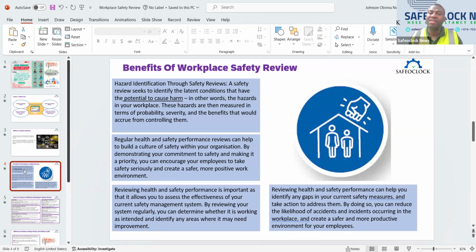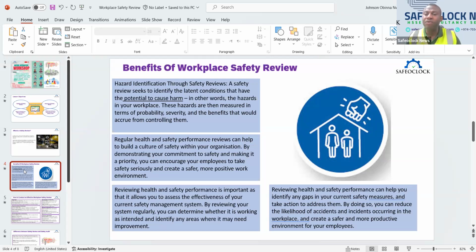They will have confidence in the management and in what the organization can offer. So that helps to build safety culture in that workplace. Everyone will be conscious of giving their best because they know that the management cares and is effective.